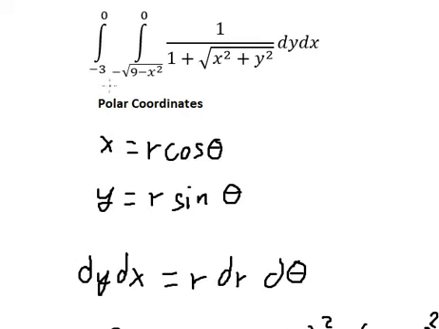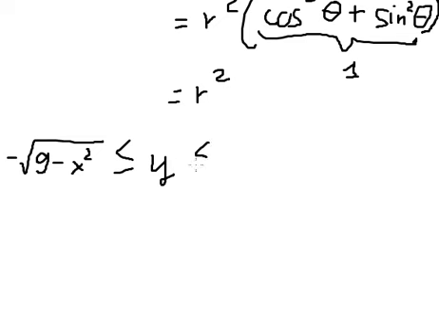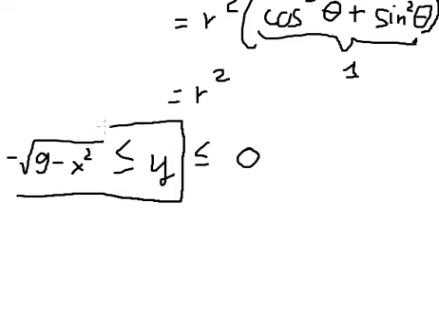The next one is about the bounds. So we can see that for dy, y is between negative of the square root of 9 minus x squared and number 0. So we need to consider this one.